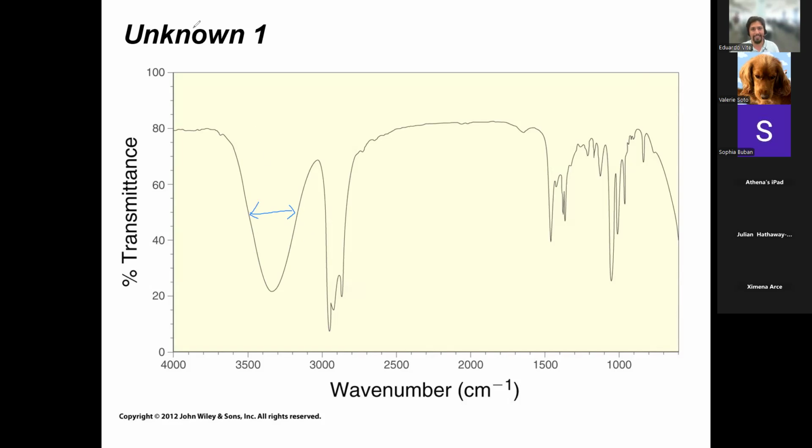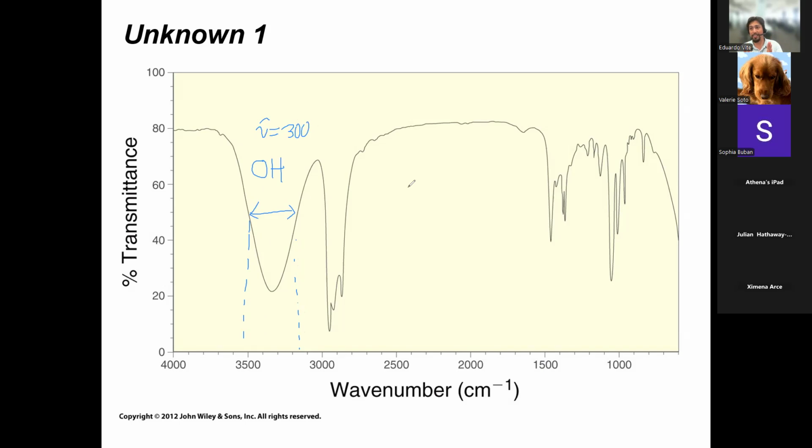OH, exactly. This is your OH peak right here. And again, if you're not exactly sure if it's a carboxylic OH or a regular OH, just look at the width. This is between 3100 and 3500, so this only has a wave number width of about 300 wave numbers.